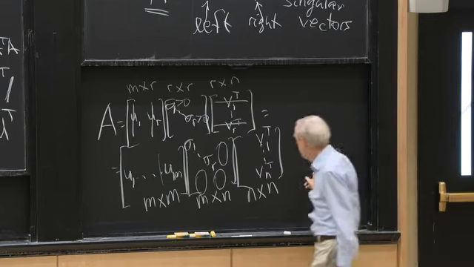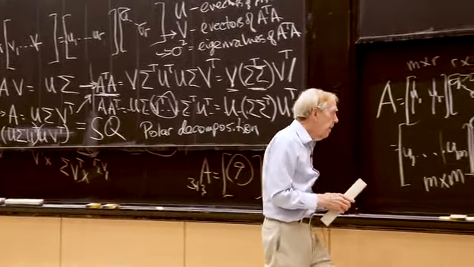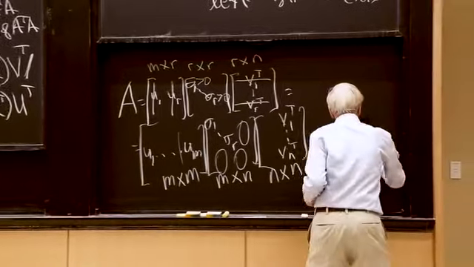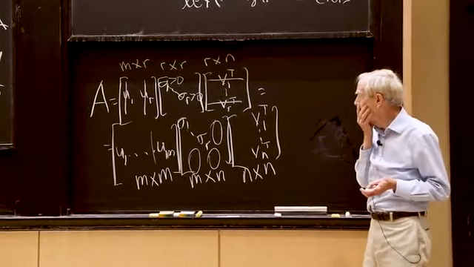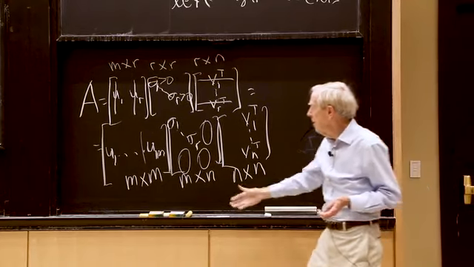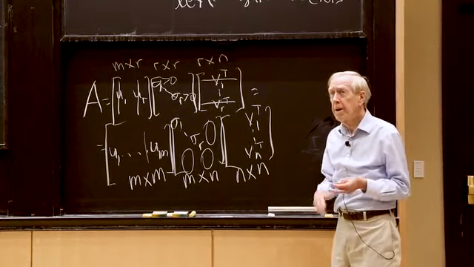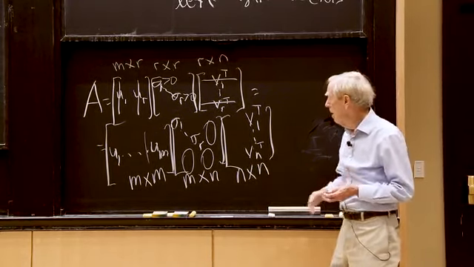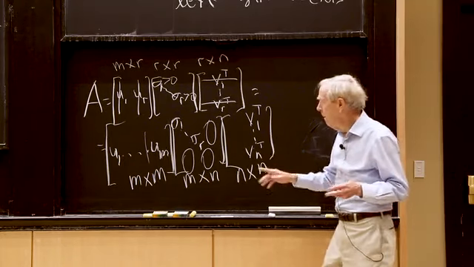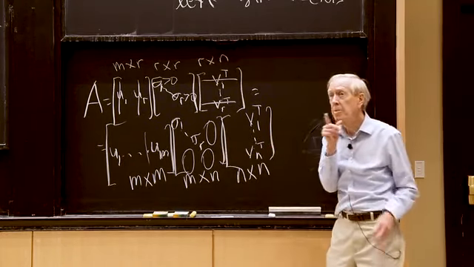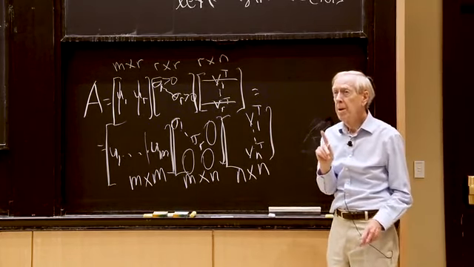So I'll erase 1.8 while you think. What do I do to pick out the big deal, the thing that the data is telling me first? Well, these are orthonormal. No one is bigger than another one. But here, which is the most important number? Sigma 1.